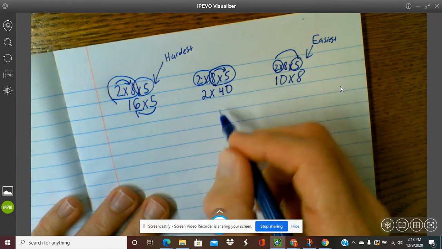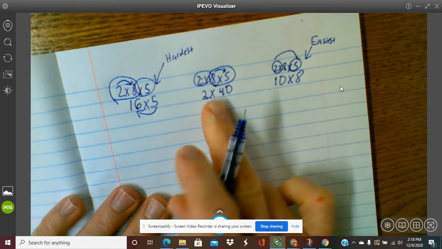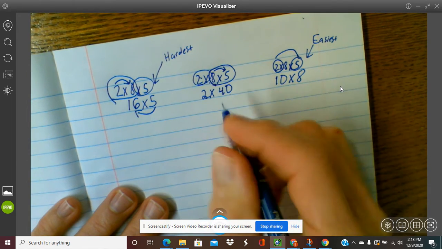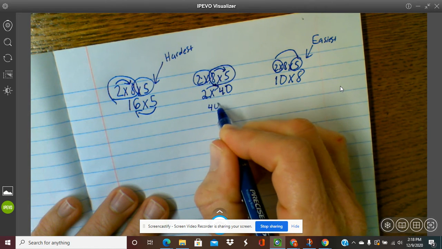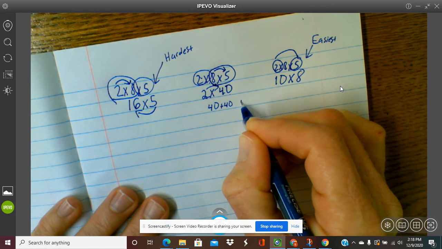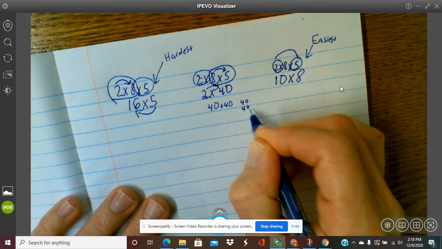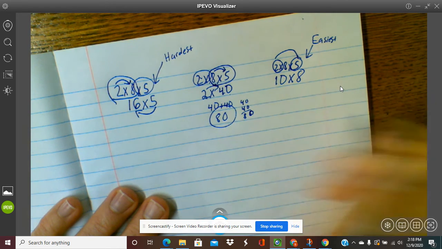Let's just go from there. I'm looking at 2 times 40. Let's start in the middle, solving this one. I've got 2 forties, basically, so that just means 40 plus 40, which is equal to 80. This tells me that the whole problem is equal to 80.